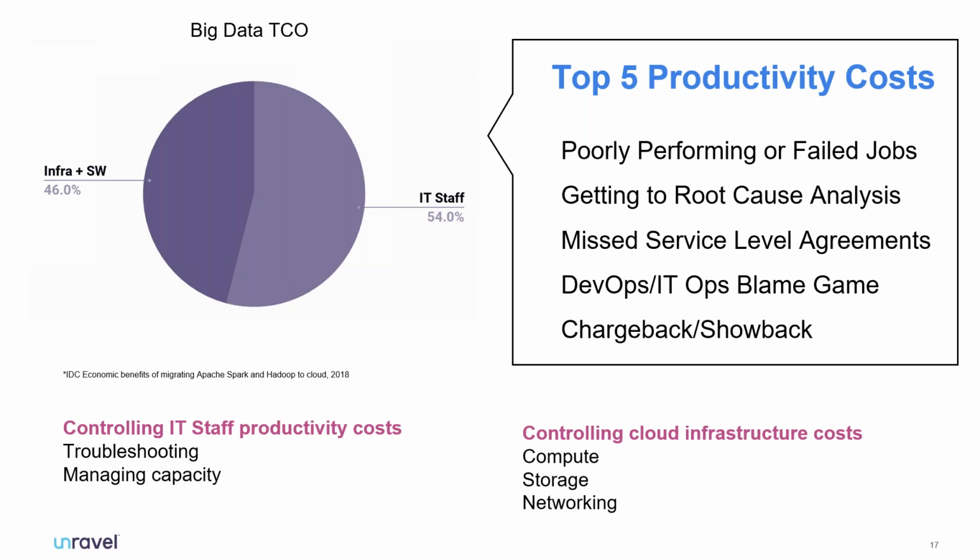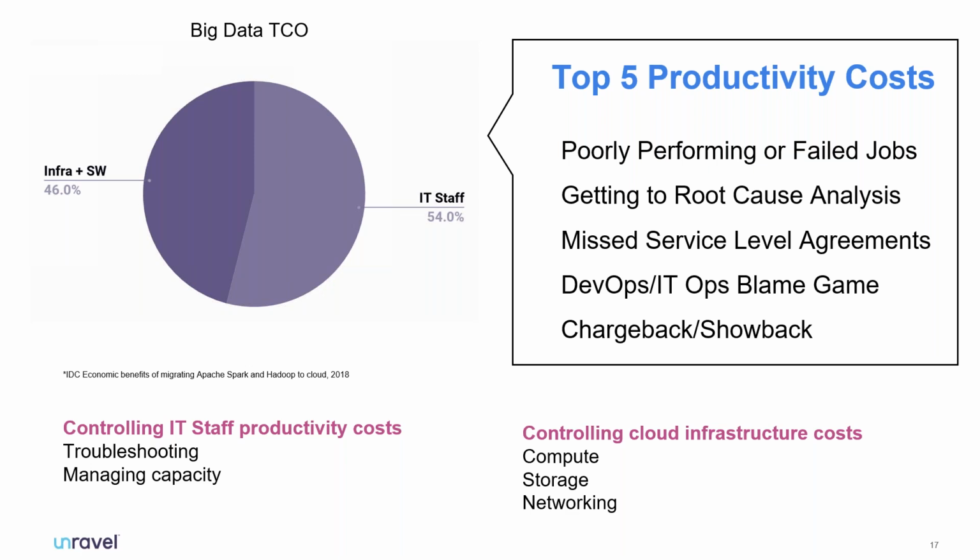The 5 top productivity costs that we've uncovered are the following. Number 1, poorly performing or failed jobs. If you manage an AWS EMR system, you have to manage hundreds, if not thousands, of jobs at a time trying to complete a task.